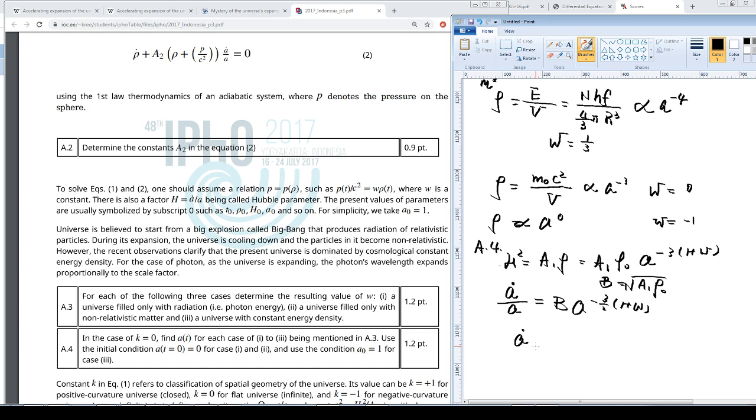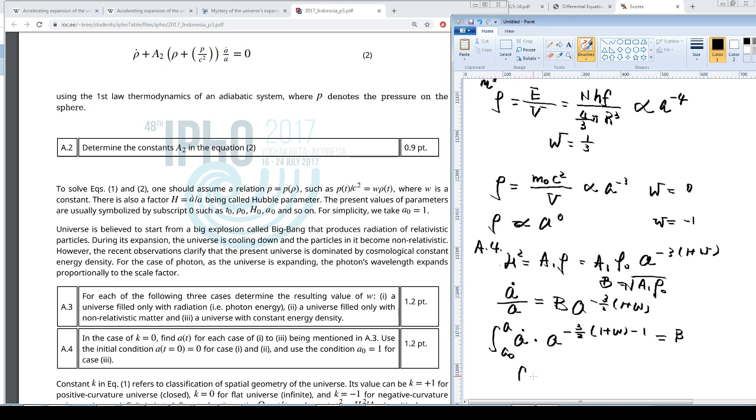So a dot times a to the negative 3 over 2 1 plus w minus 1 equals some constant. Integrate a naught from a.